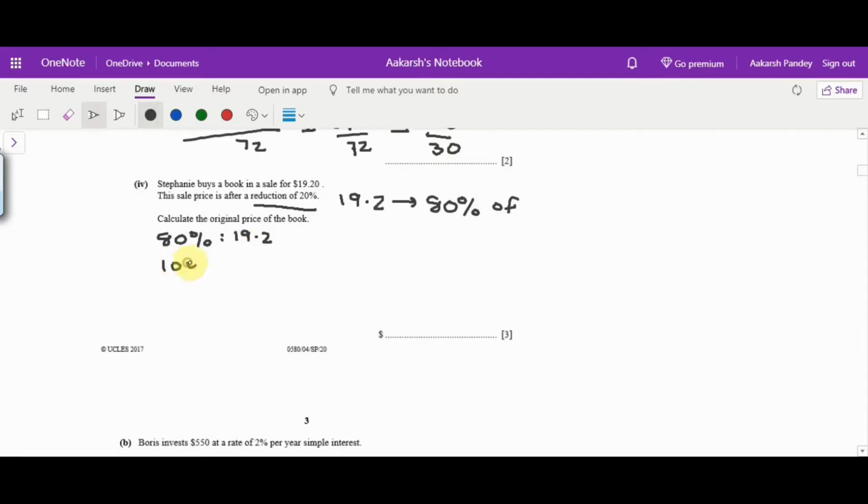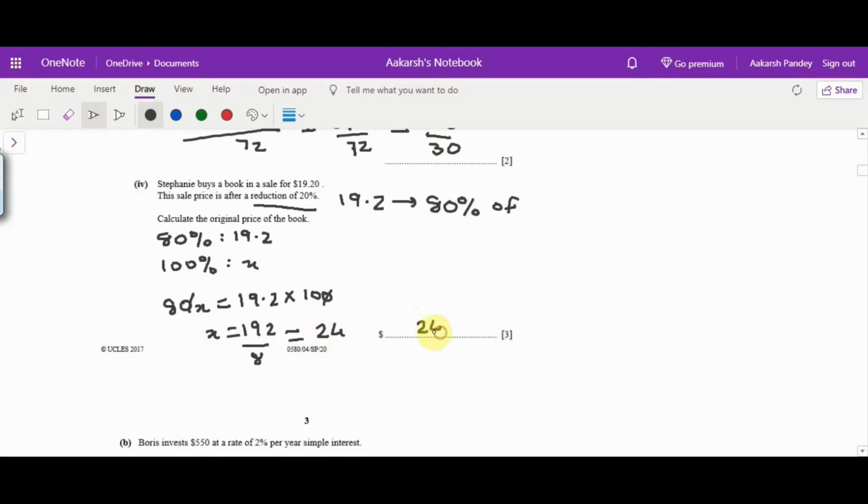So how much will be 100%? We need to calculate the original price. Let that be X. So after cross multiplying, 80x is 19.2 times 100. Cancel a 0 over here. We get X as 192 by 8. So X turns out to be $24.